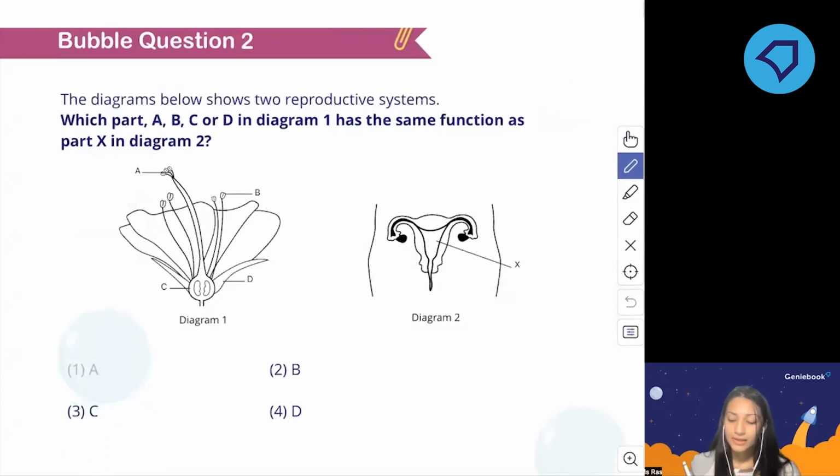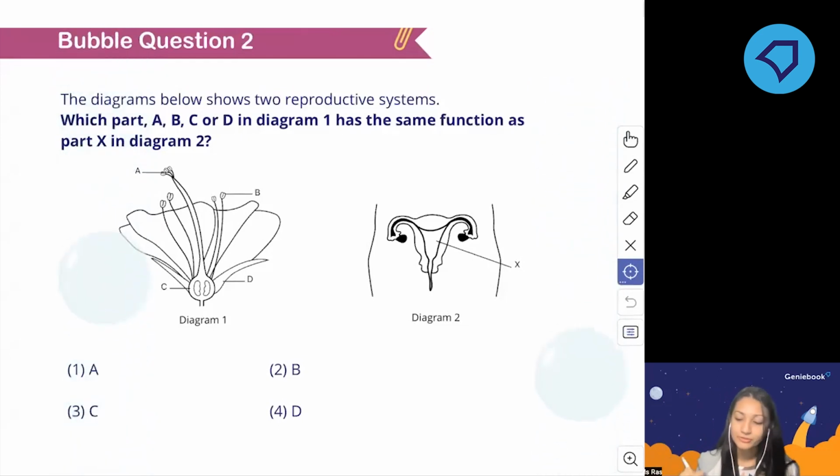There are 2 reproductive systems here: a flowering plant and the female reproductive parts of a human. So then you have A, B, C, D, and then X here. The clue is to try to identify what X is referring to, and then look closely at A, B, C, D and tell me which one seems to have the same function.